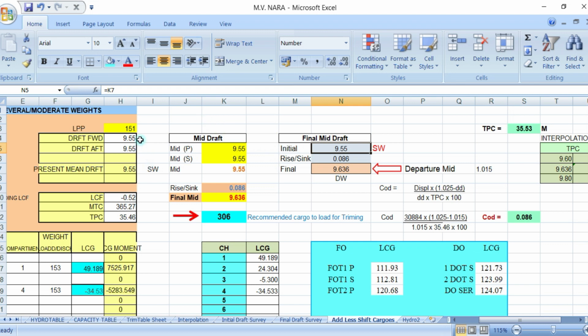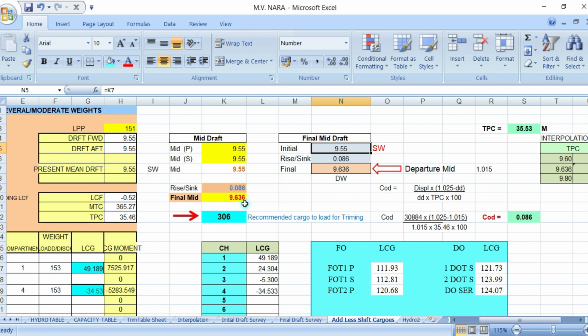Once they check, both the shipmate and the draft survey had the same readings of forward and aft, which is this one, the initial draft. So they now compute how much will be their trimming amount for trimming holds 1 and 4. Once they have taken the draft forward, aft, port and mean, the question is how much will they load.